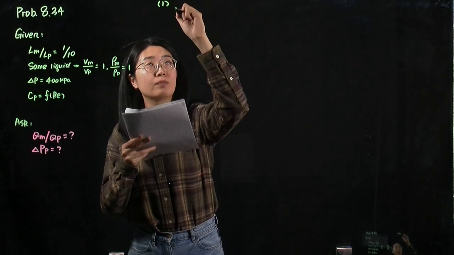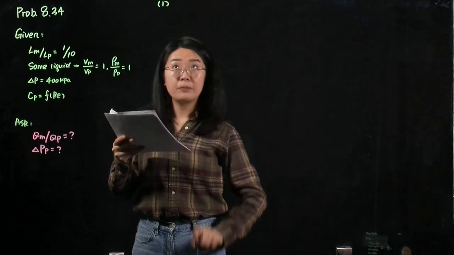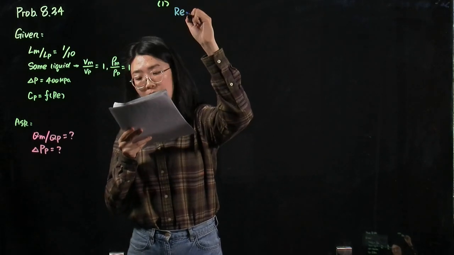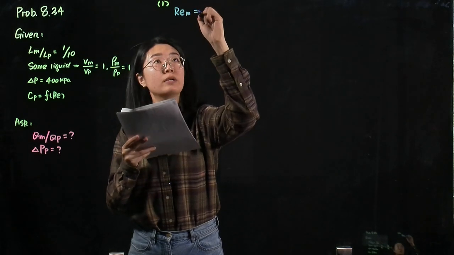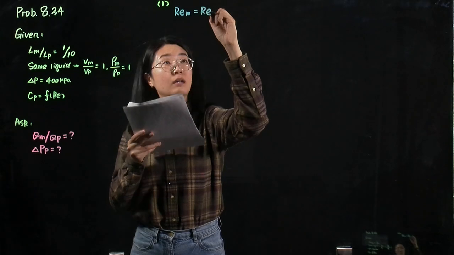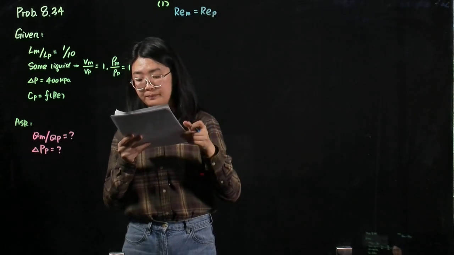So the Reynolds number in the model should equal the Reynolds number in the prototype.